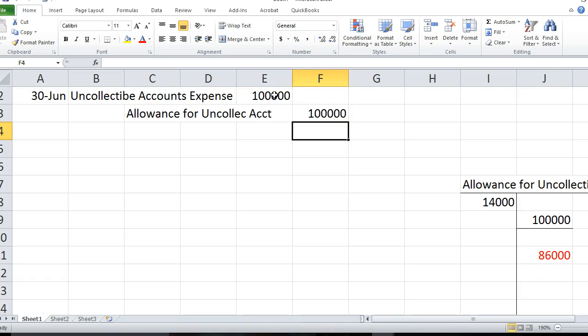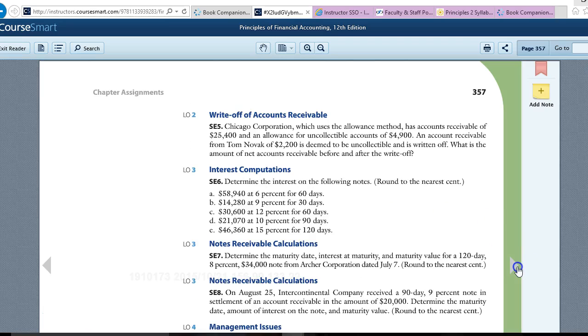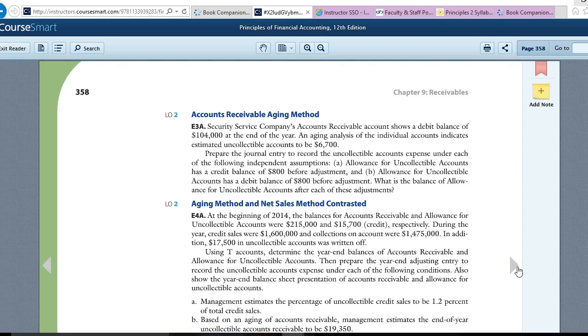Let's look at E3A. E3A tells us Security Service Company's accounts receivable account shows a debit balance of $104,000 at the end of the year.